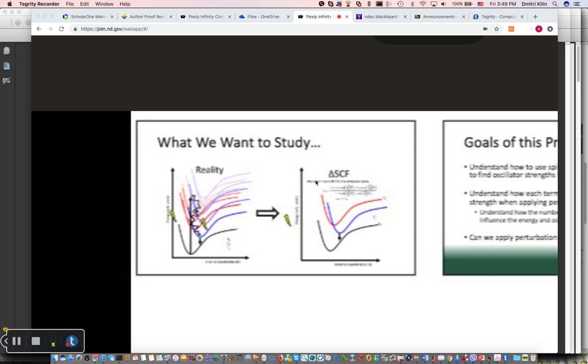So why we're studying this is, in reality, you excite and there's a whole bunch of stuff that goes on, and the nuclei move crazily along the potential energy surface. A photon comes in, the molecule gets excited, it goes crazy until it gets to the lowest state.